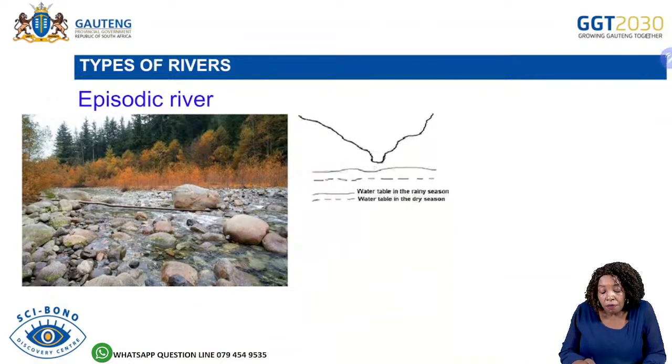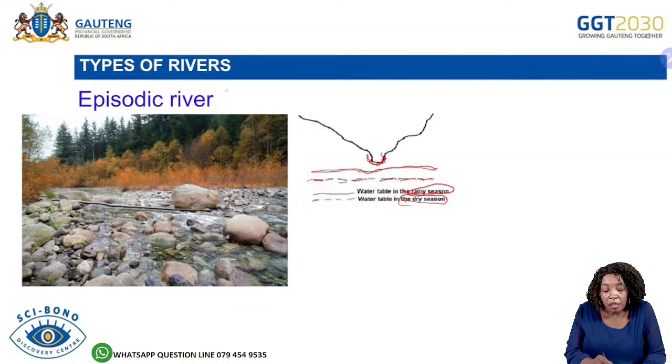Right, we still have our cross section that is showing us the river. There's our river valley that you can identify there. And then look at the level of the water table now. In the rainy season, the water table is below the riverbed. And then also during the dry season, the water table is still far from intercepting the riverbed.